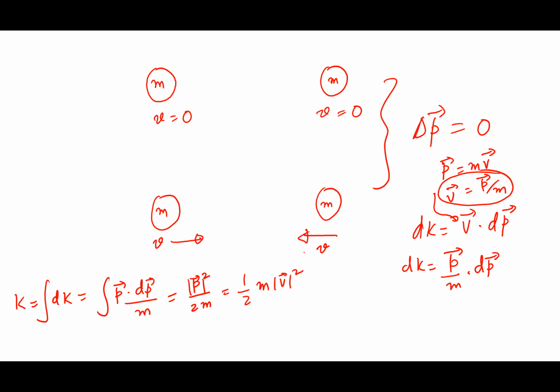So now, if you look at half mv squared, in the first case the total kinetic energy here is 0, because nothing is moving. Whereas here, the total kinetic energy is half mv squared plus half mv squared, which is mv squared. So now, using this, you can distinguish which one is moving and which one is not.